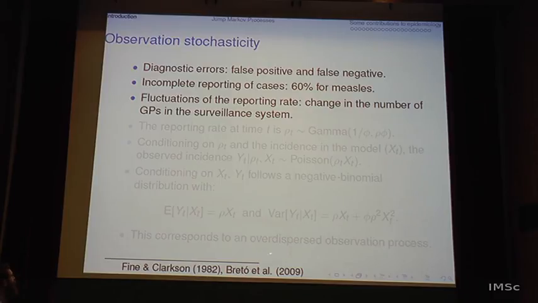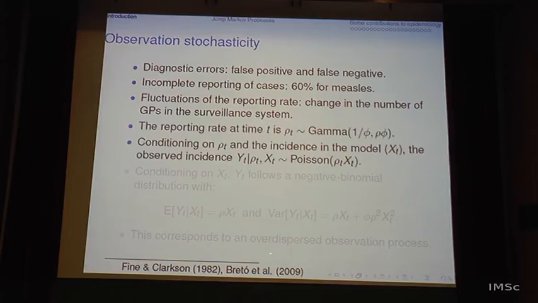So all these things might change over time, and you might want to model this by saying that your reporting rate, the proportion of cases that you report in the data at time t, is taken from a gamma distribution, for instance. So rho t is the reporting rate.